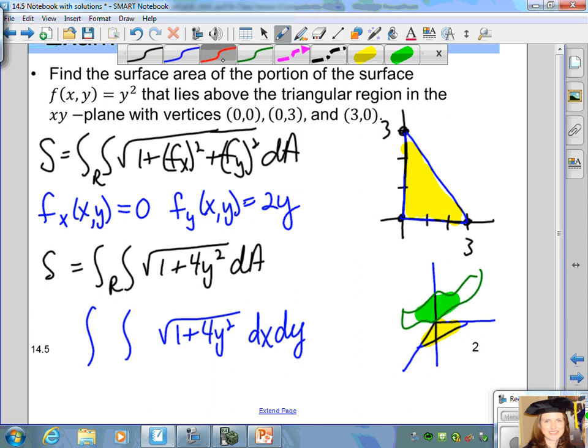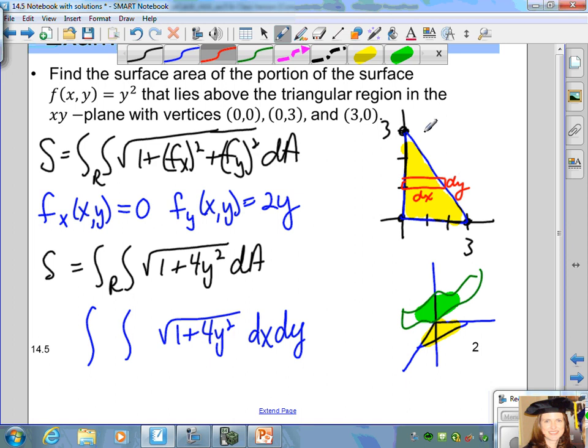In order to write the order of the differentials as dx dy, the rectangle that we draw has to be a horizontal rectangle. The longest side is our differential x, and the shortest side is our differential y. So our differential area is the long side dx times the short side dy. We need to determine equations for the left x and the right x, and the lower y and the upper y.